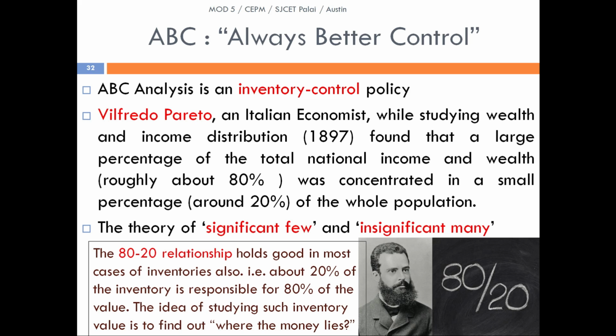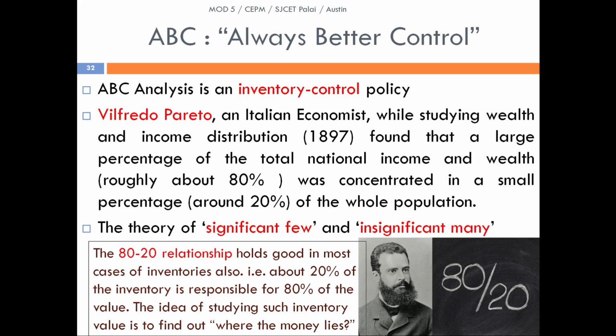Then they came to the conclusion that this can be incorporated into the way inventory control is practiced in the world. He understood that a very small number of items constitute a large percentage of the value of the company.